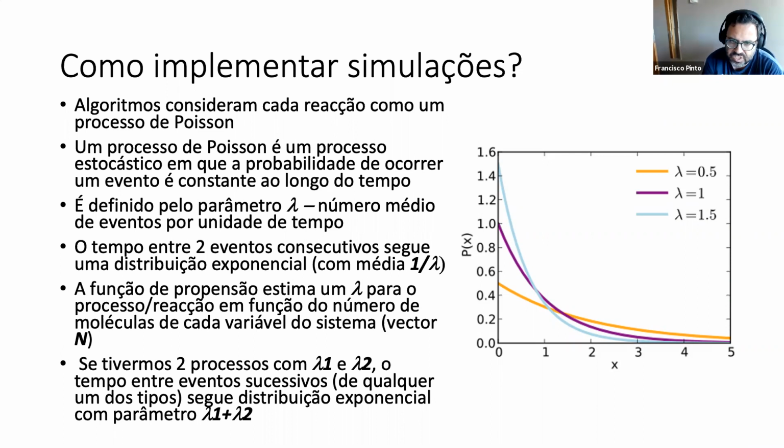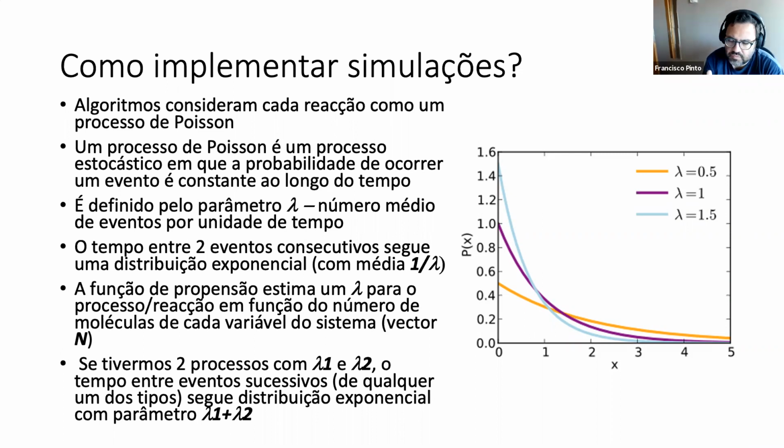And for that, we have a property that is observed in chemical processes, and in fact, it has been observed in other types of processes. That is, these reactions follow a Poisson process. A Poisson distribution is a statistical probability distribution that tells you, if a process has a constant rate over time, we can count, for example, during 1 minute, how many events of that process occur.